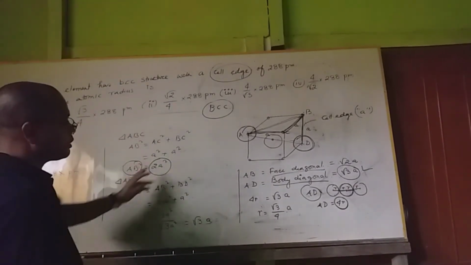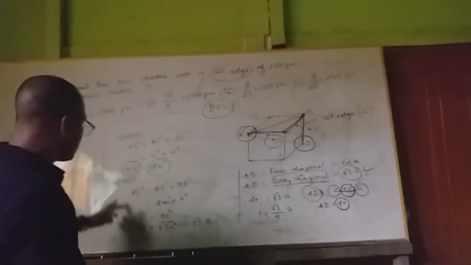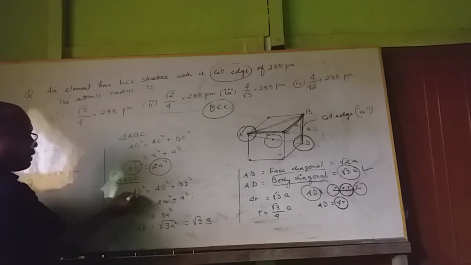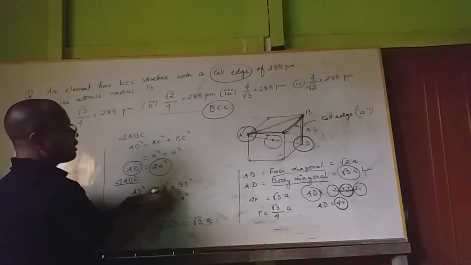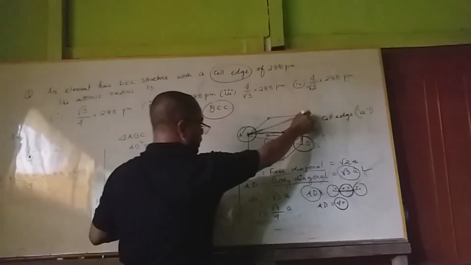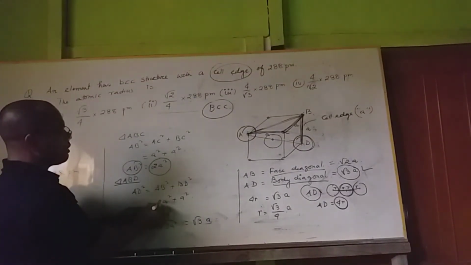Then another triangle is ABD. Let me show you this triangle ABD. By Pythagoras theorem, AD, the body diagonal, squared is the square of one side, AB square, plus BD square, the other side. What is AB square? That is twice A square.